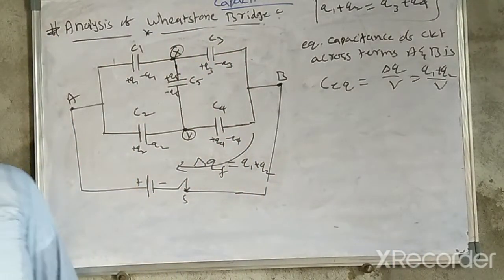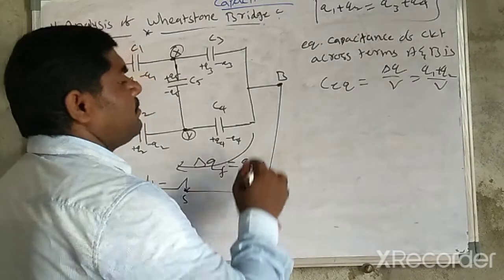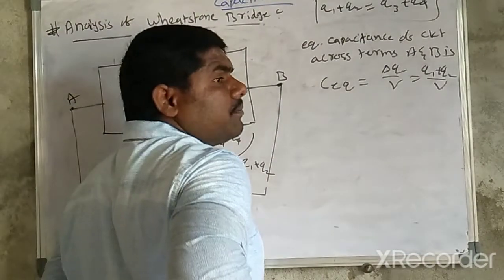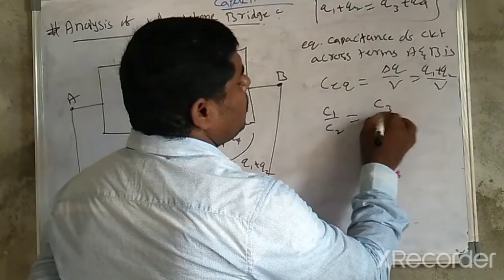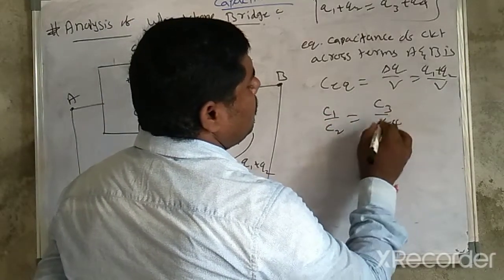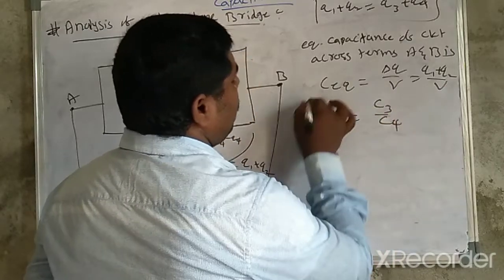So in this analysis, sometimes we have C1 by C2 equal to C3 by C4.